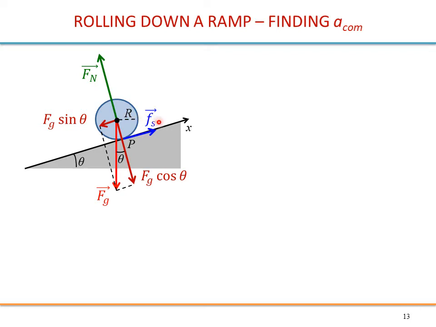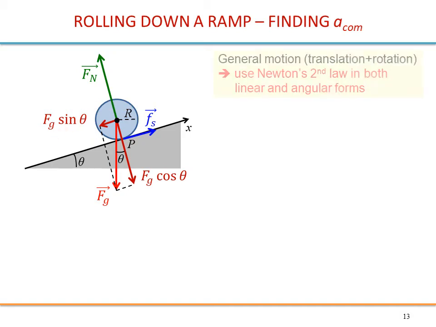So we need static friction if we want this to roll down. Now we have a rolling object, so there is translation and rotation, so we will have to use Newton's second law in both linear and angular forms.